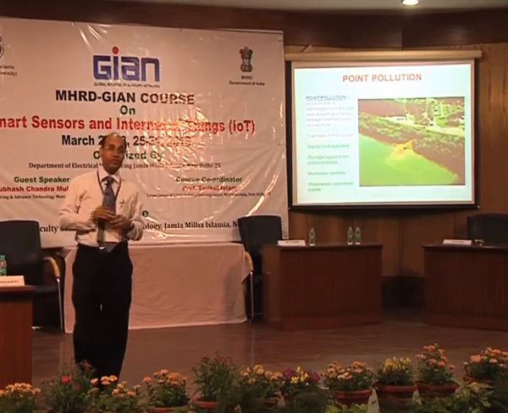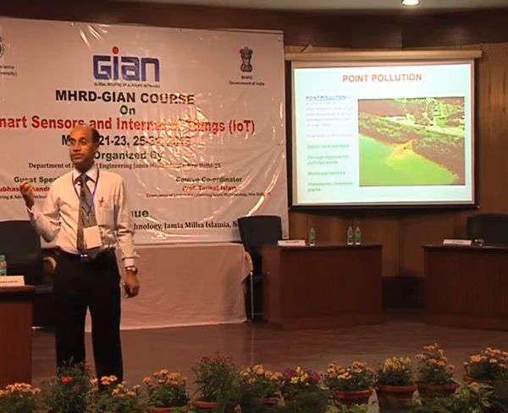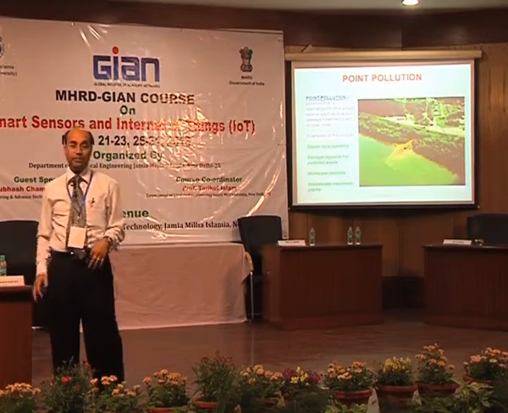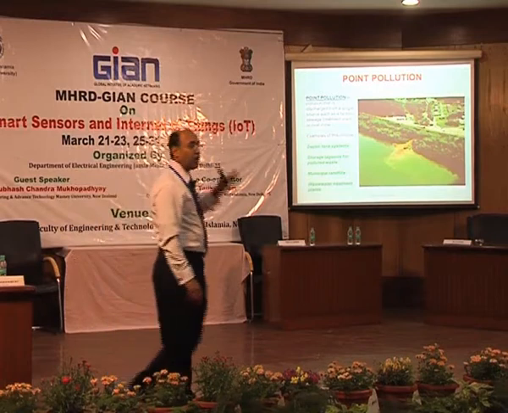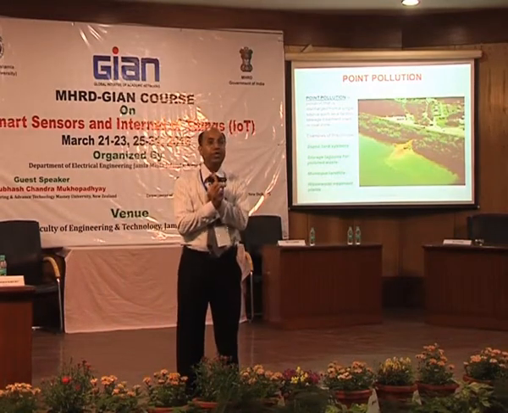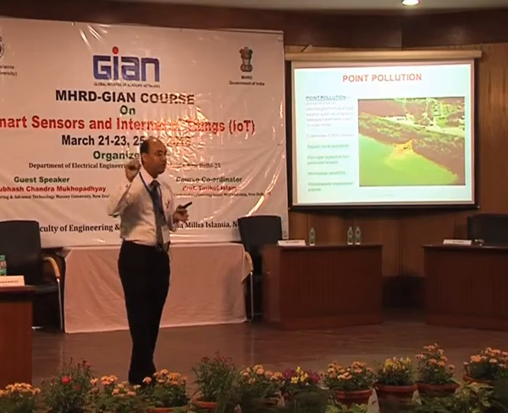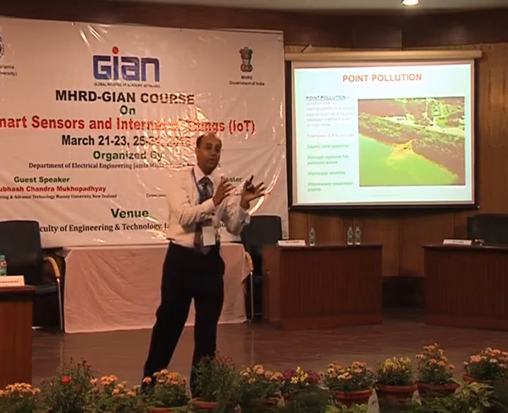Now we define water pollution in two different ways. One is called point pollution and another is called multi-point. Point pollution is one of the easiest to detect with the help of a sensor. You are allowing all the pollutants to mix with the water at some specific point.